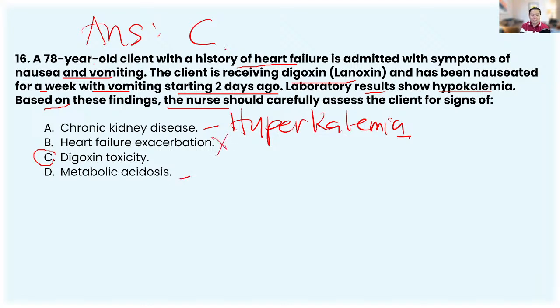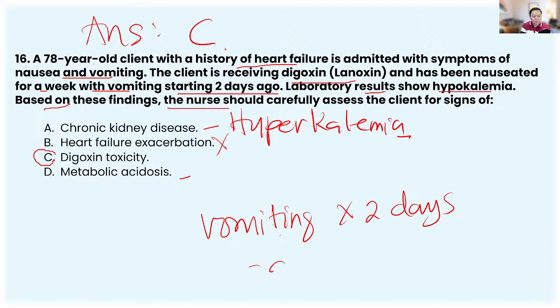Now, letter D, metabolic acidosis. This is also wrong for the reason that the patient will not be developing metabolic acidosis. Remember that when the patient vomits, in how many days? 2 days.